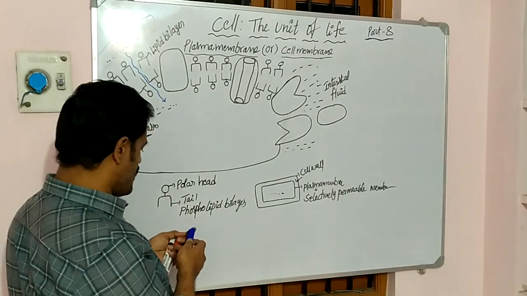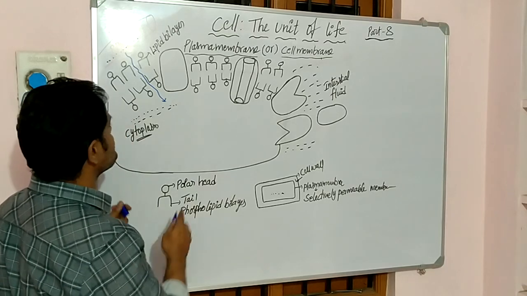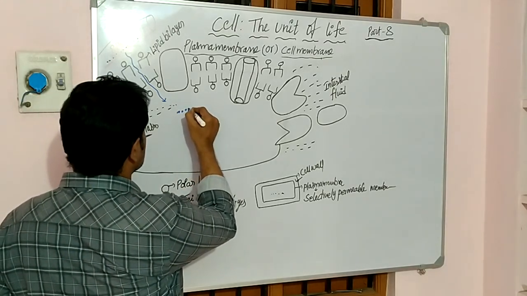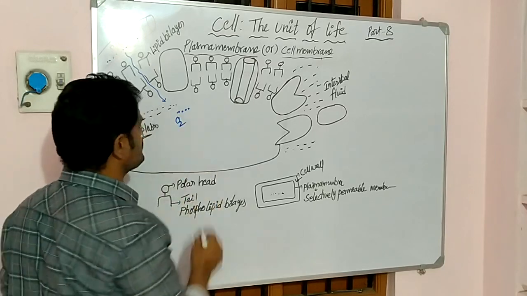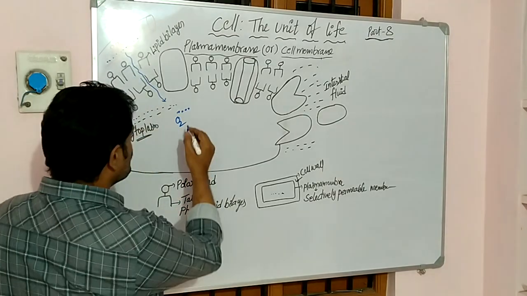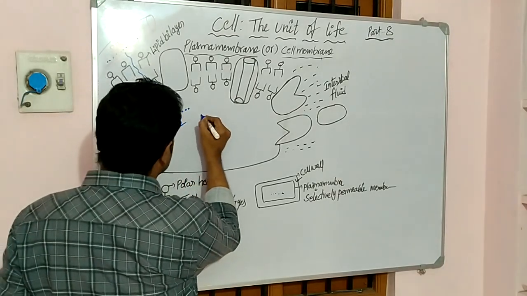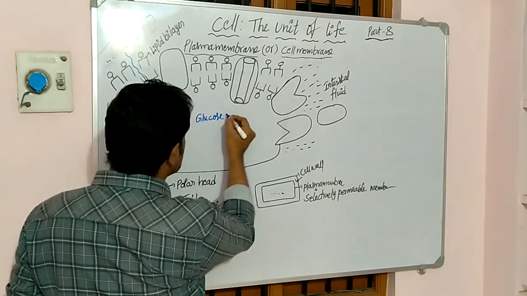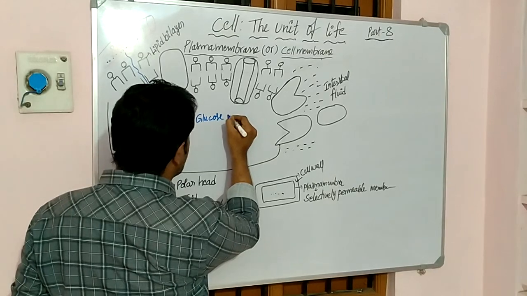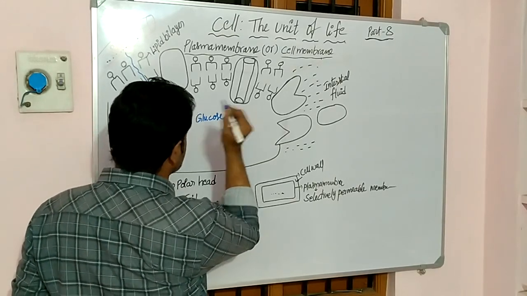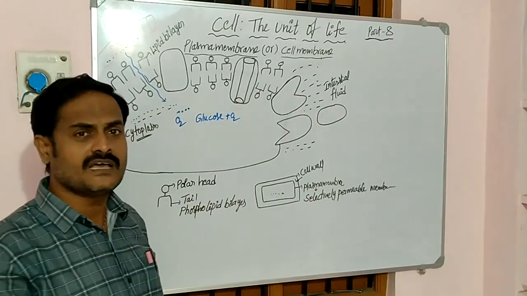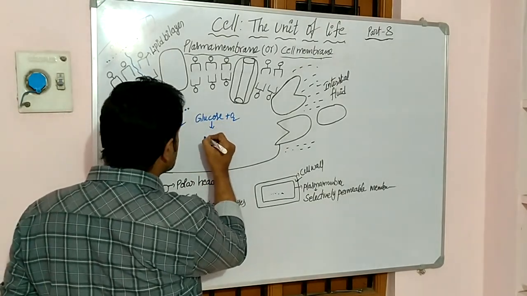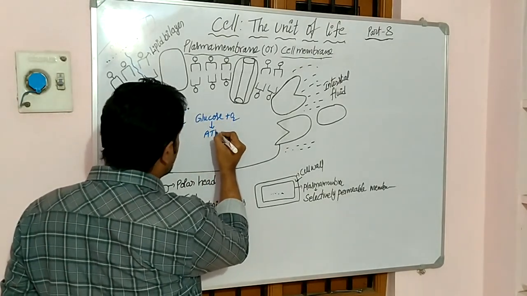Once the oxygen enters into the cytoplasm or inside of the cell, the glucose is already present inside of the cell. The oxygen is combined with glucose. Then finally it produces the ATP molecule.